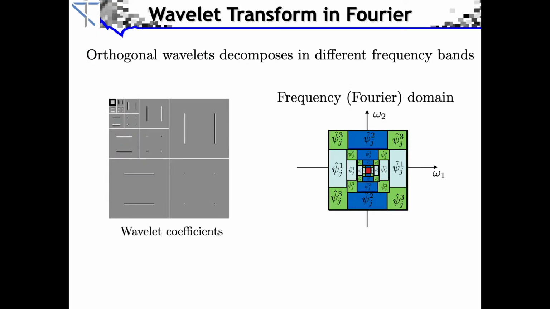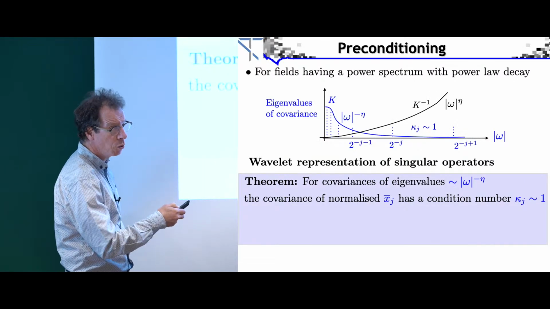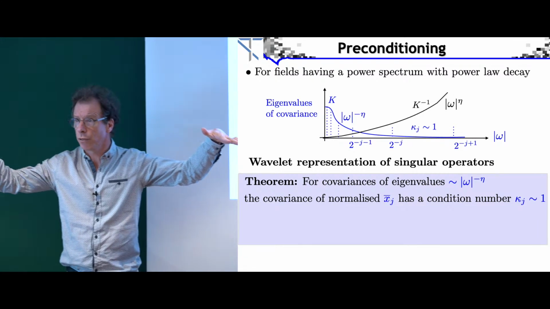So, if we come back to our problem of a Gaussian process, the difficulty comes from the fact that the eigenvalues explode, so the ratio between the largest and smallest eigenvalue is huge. If you decompose in a wavelet basis, it essentially corresponds to decomposing the modulus into dyadic intervals. Over such an interval, the eigenvalue varies by a constant factor, which is the same here, then over this interval, then over this one. So if you renormalize by a coefficient which depends on this amplitude, all the eigenvalues are going to be of the order of 1.